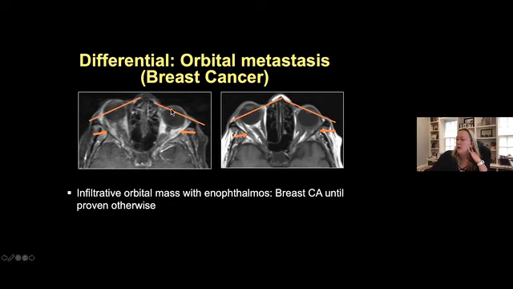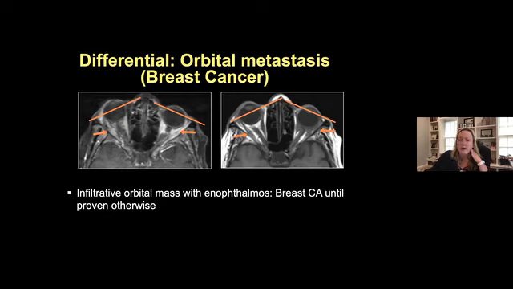You can see that the globe on the left is relatively displaced posteriorly within the socket, if you will, compared to the contralateral side. This is compatible with enophthalmos, and this is breast cancer metastatic disease until proven otherwise.